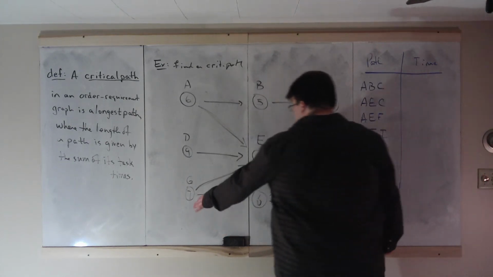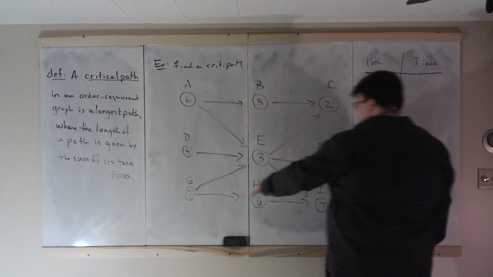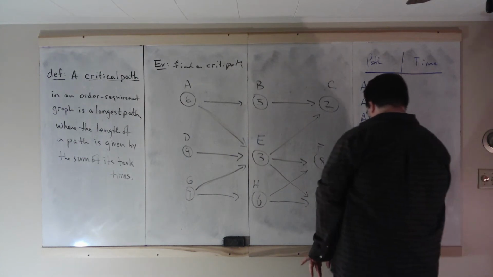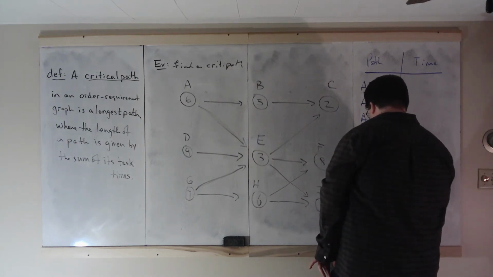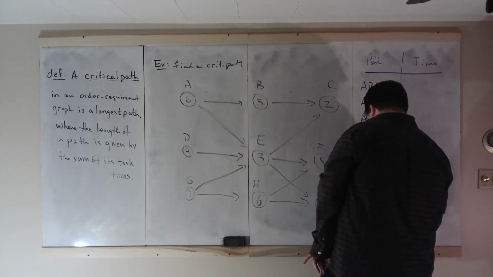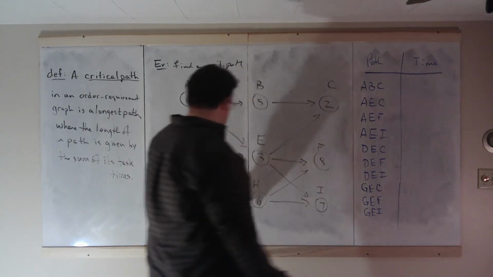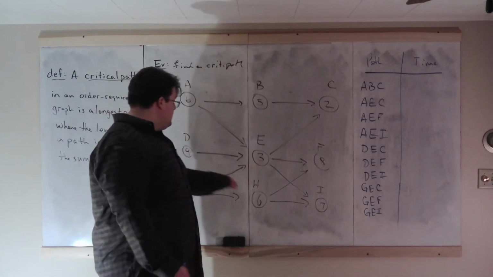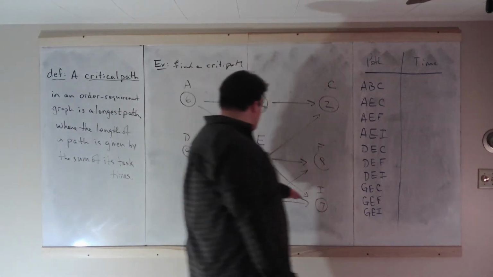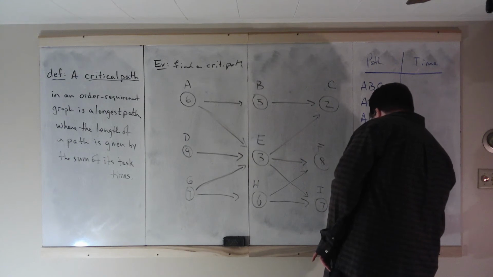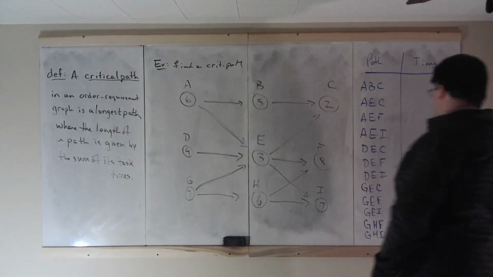Well, we can go G, E, C, G, E, F, G, E, I. What else can we do from G? We can go G, H. Yes, we can go G, H, F or G, H, I. And that is all of them.